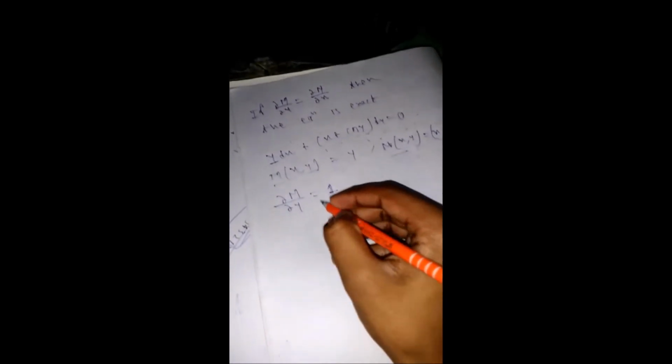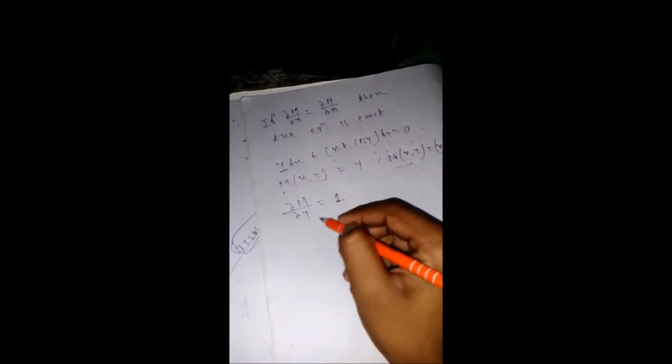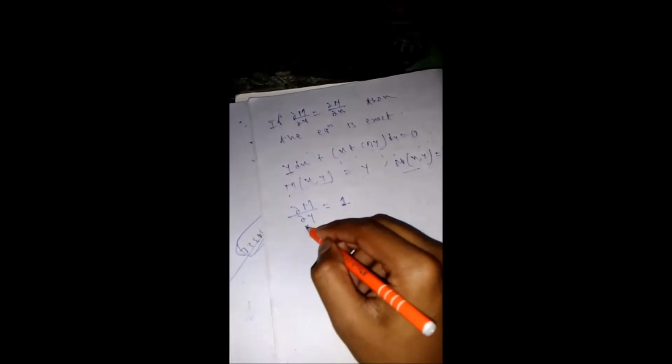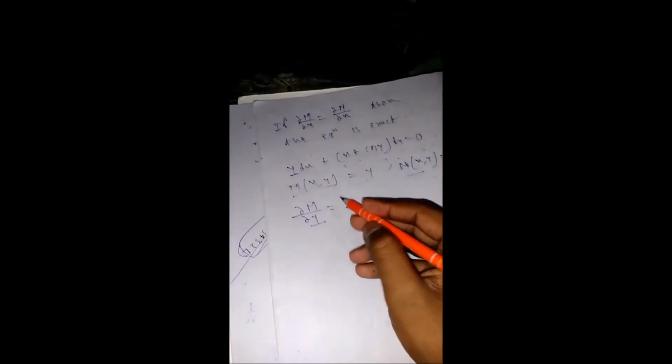Now del M by del y is equal to 1. We differentiate M with respect to y, and the differentiation is partial differentiation. Partial differentiation means when we differentiate any function with respect to y, the other variables are constant.